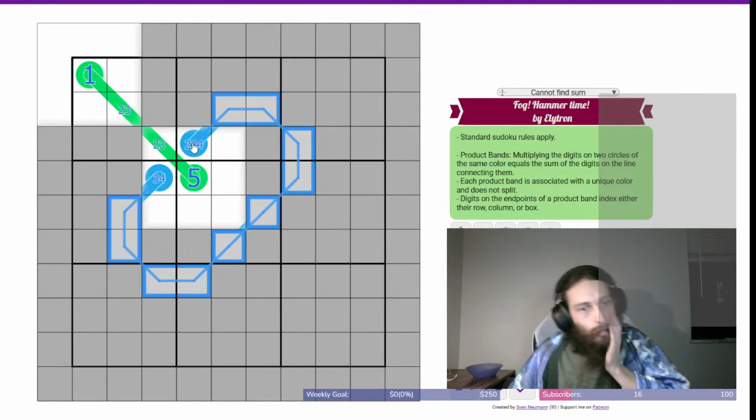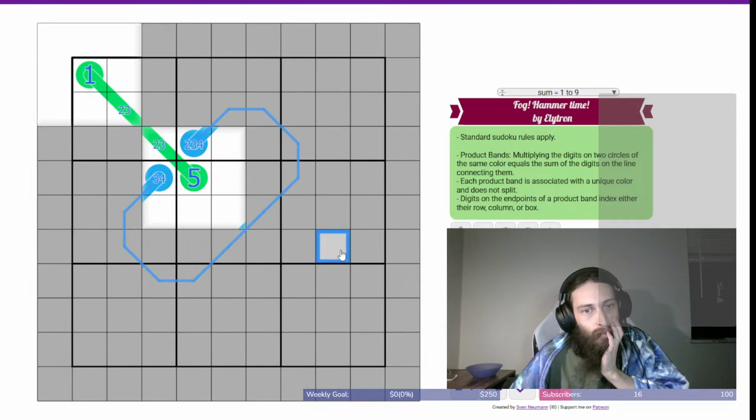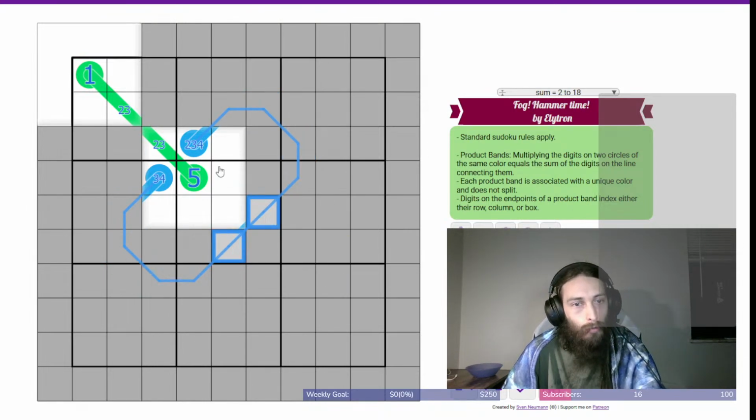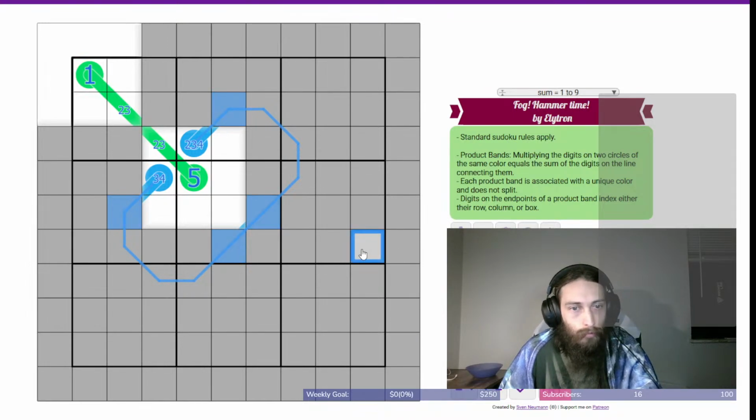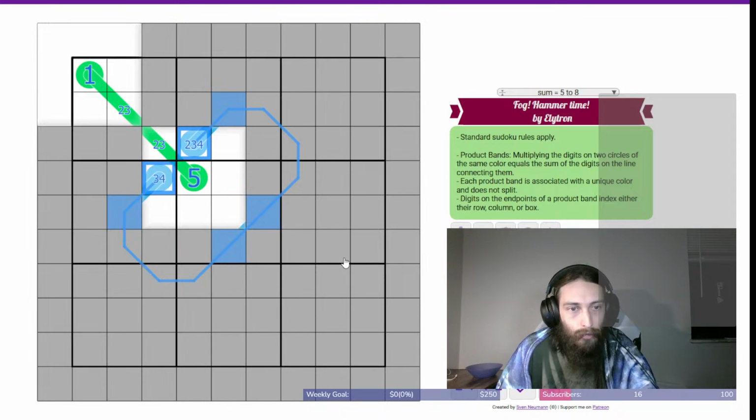But that is a working path. And we know at least these are blue. But I think that's enough to say these have to be 4. And we get 1, 2, 3s everywhere else.